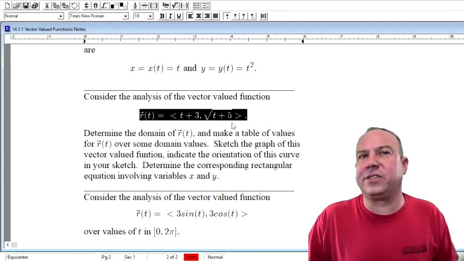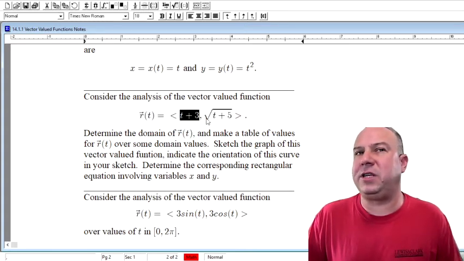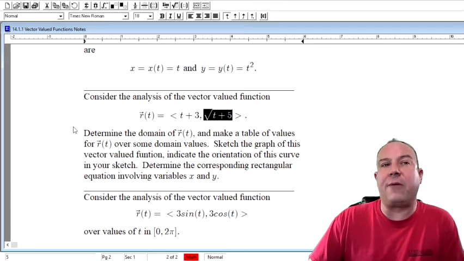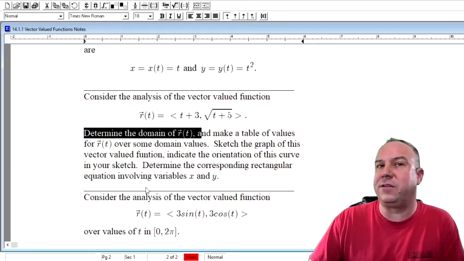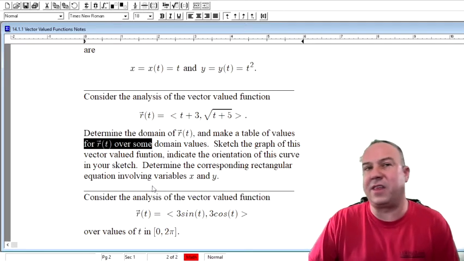You will note here is this two-dimensional vector valued function where x of t is equal to t plus 3 and y of t is equal to the square root of t plus 5. What I would like you to do is to look at this and consider the domain. Maybe make a table of values for r bar of t over some values of that domain.